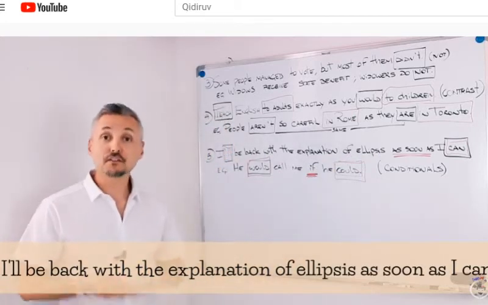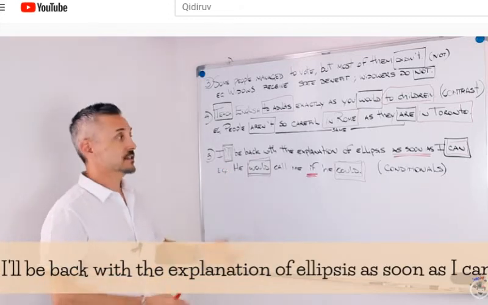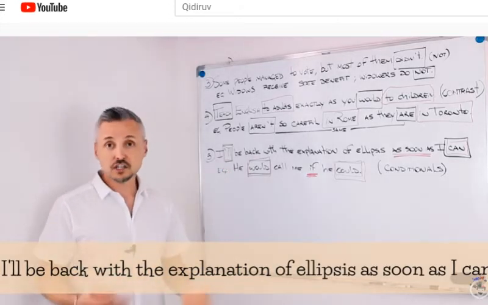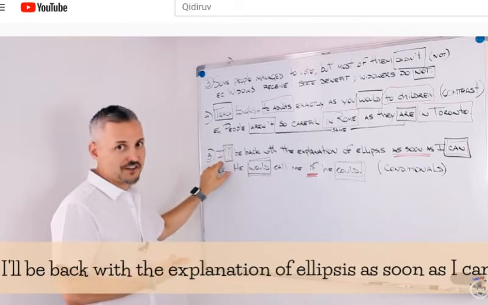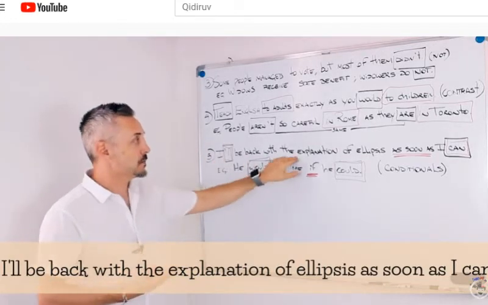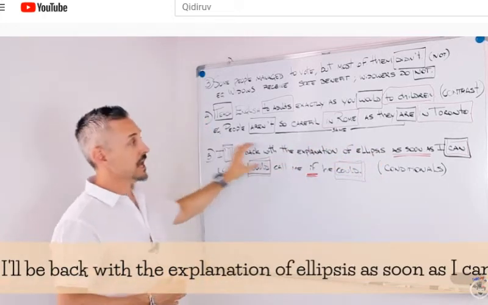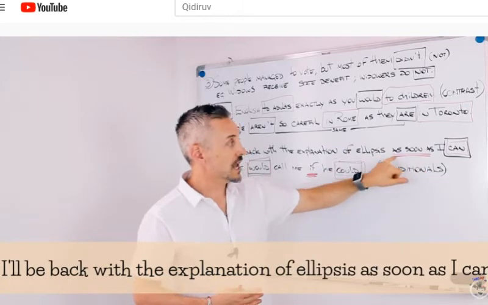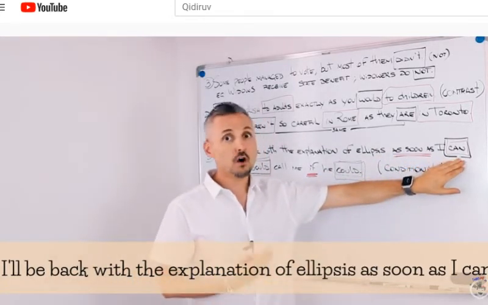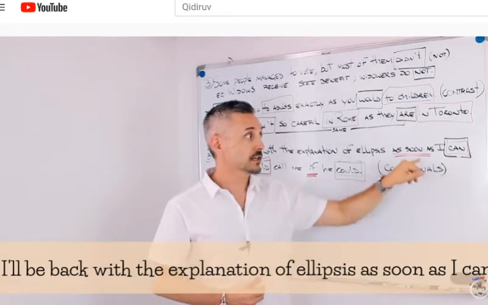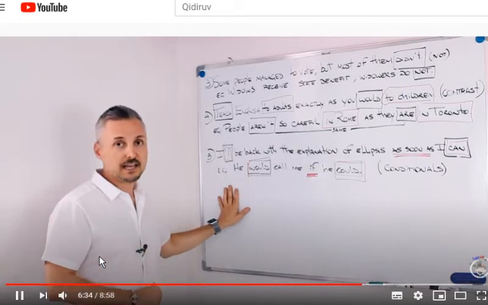This is an example of the first conditional, just to show you that we use ellipses in conditional sentences. The first part is the first conditional, I'll be back with the explanation of ellipses, which is the will part, and then the condition, as soon as I can, with the modal verb can in the second part. Let's look at the second example.